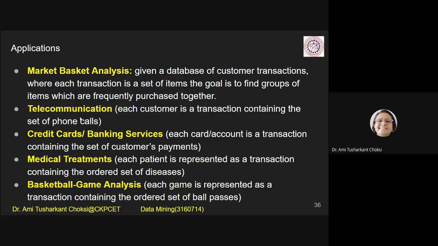For telecommunication, we can say each customer is a transaction containing the set of phone calls. What do we mean by that? To whom I am calling, right? See, I am calling, so my number is there. To whom I am calling, for that also one number is there. From that, we can get the country. For example, till date, I was calling the people who are Indian only.